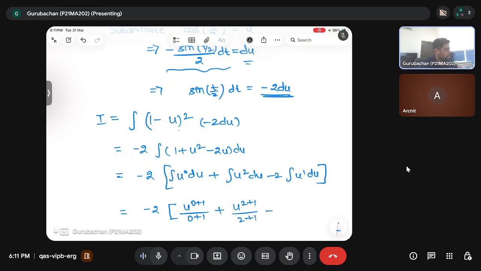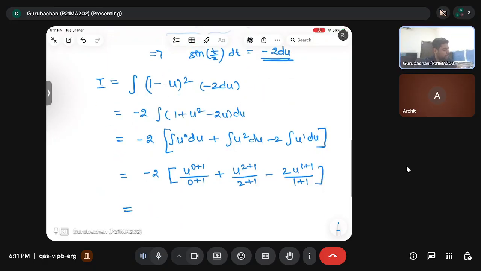If you multiply minus 2 inside, the 2 will cancel out and you will be left with only 2u square minus 2u cube divided by 3, plus some arbitrary constant.